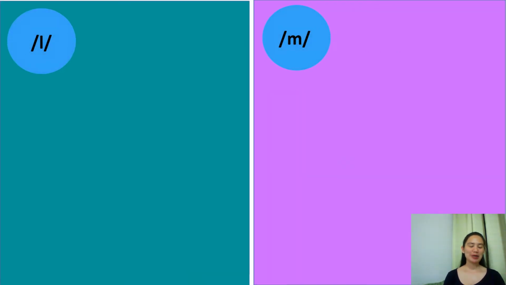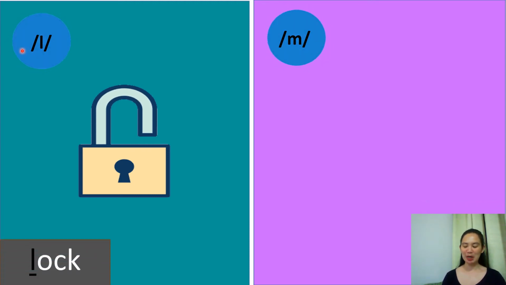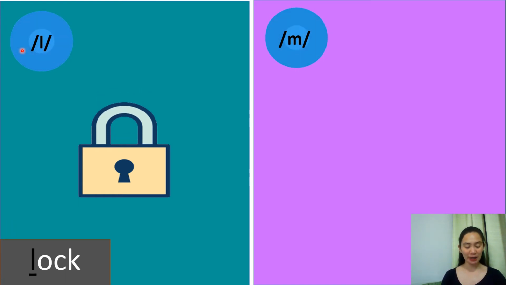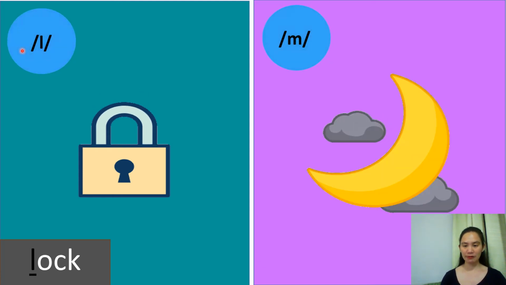Now let's go to the next pronunciation symbols for consonants. We have the symbols for the sound of L and M. For the sound of L, we have the word lock. The same sound can also be heard in words with letter L, like in the words lamp, leg, and lot.